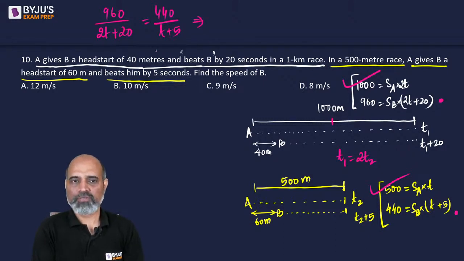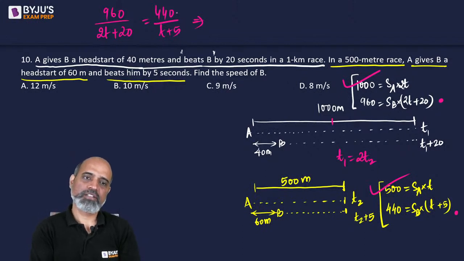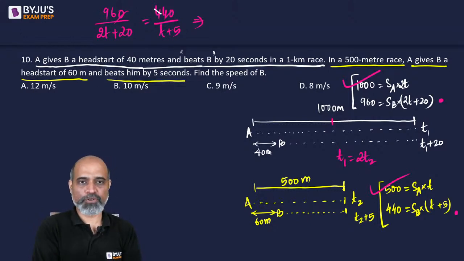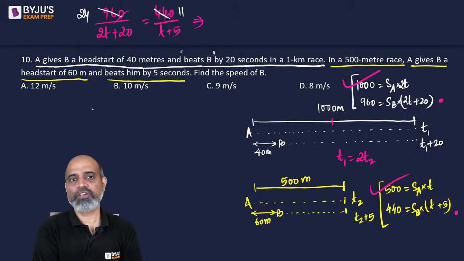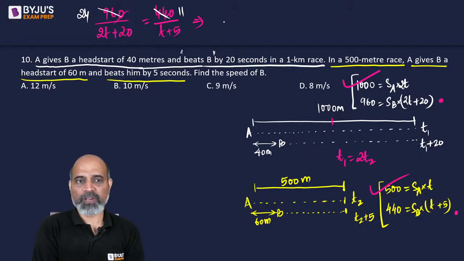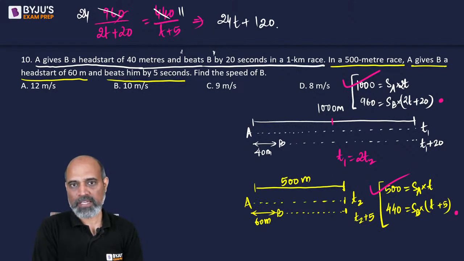So they both are going by 4. So this is going to be 4 into 11. This is 4 into 24. Cross multiply: 24T plus 24 into 5, 120, is equal to 11 into 2, 22T plus 220.